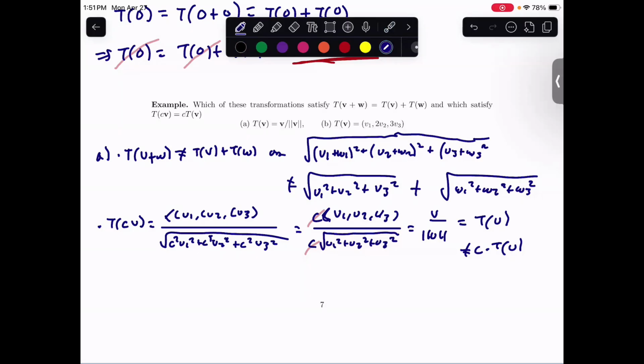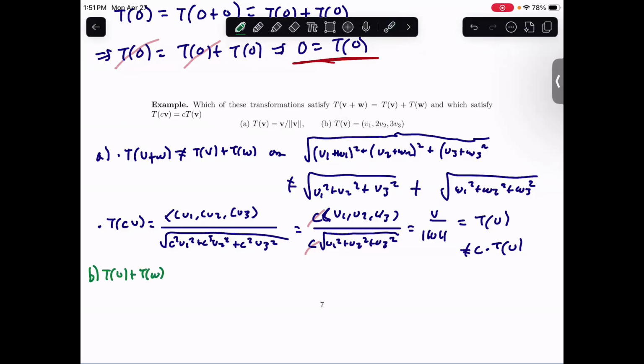But if we look at the other transformation, we have T of V is equal to V1, 2V2, and 3V3. If I wanted to check if this were a linear transformation, I would look at T of V plus T of W. It looks something like this.